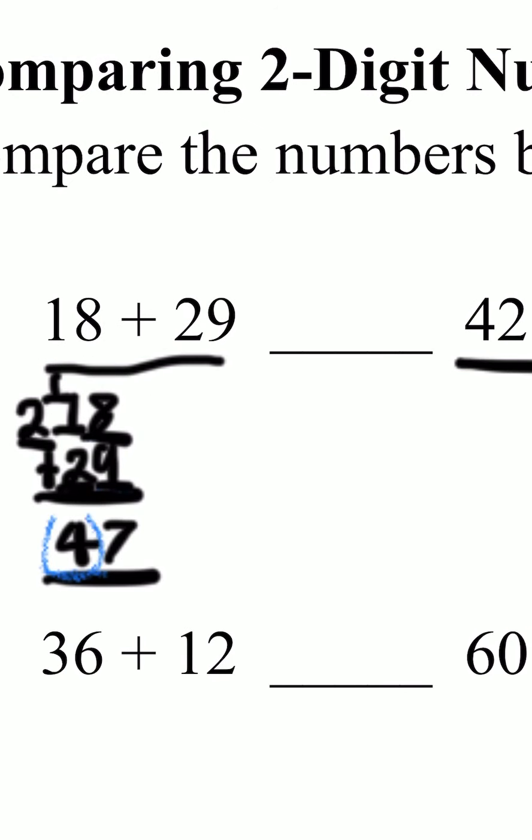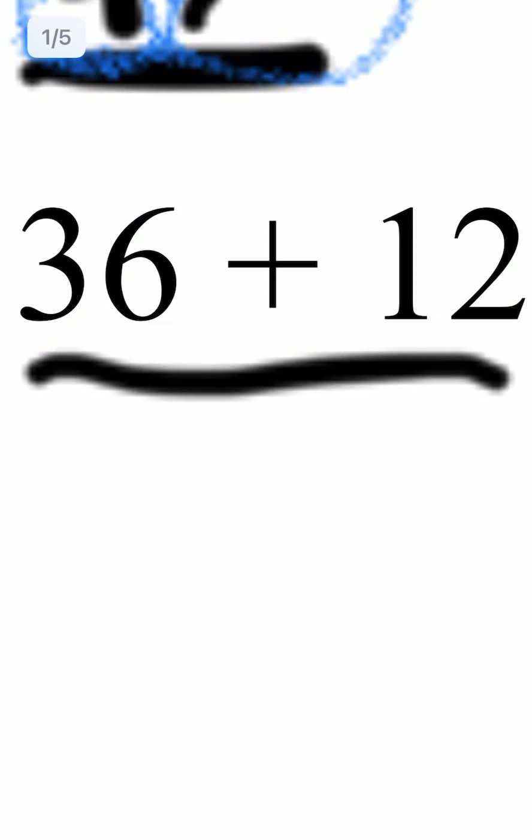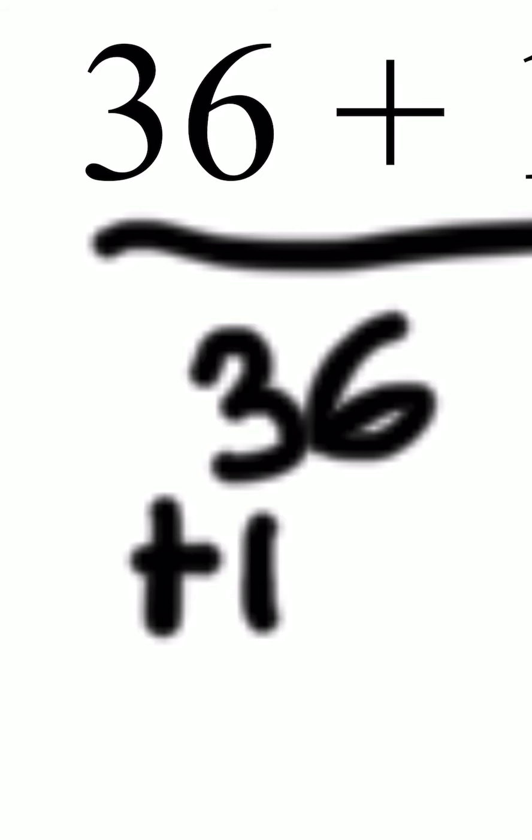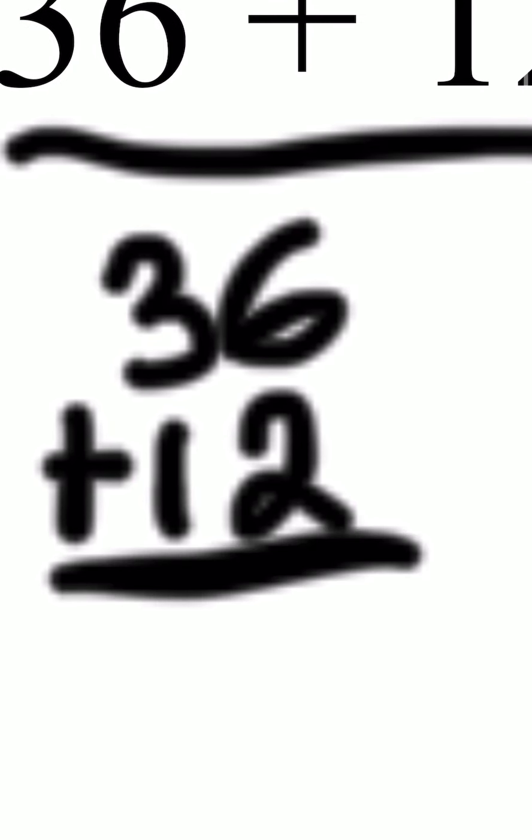We have 36 plus 12 and 60 minus 17. So 36 plus 12. 6 plus 2 is 8, and 3 plus 1 is 4. So we have 48 on this side, and now we need to subtract 17 from 60.